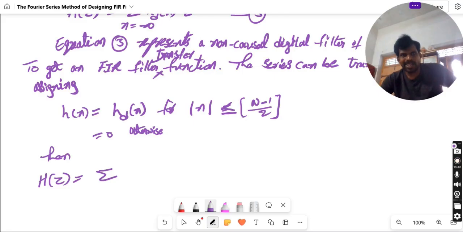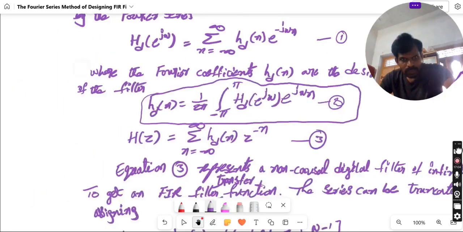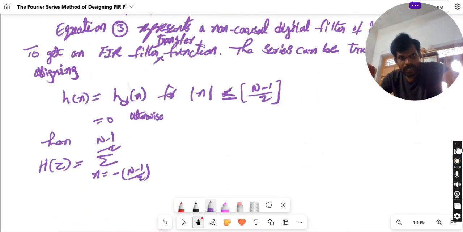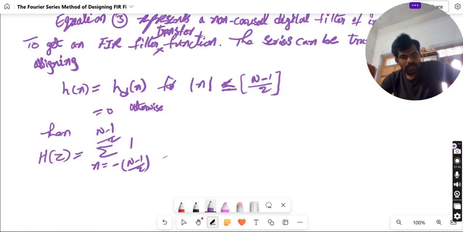The series can be truncated by assigning the limits, that is, small n lies between minus (N minus 1) by 2 to plus (N minus 1) by 2, of hd of n into z to the power of minus n.